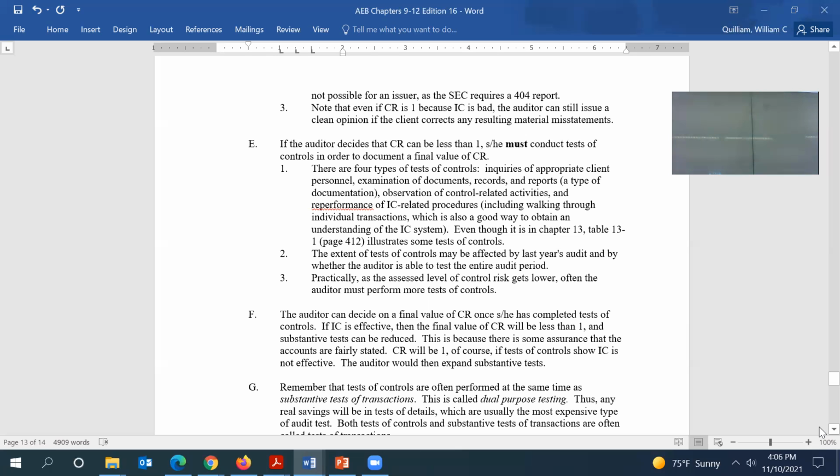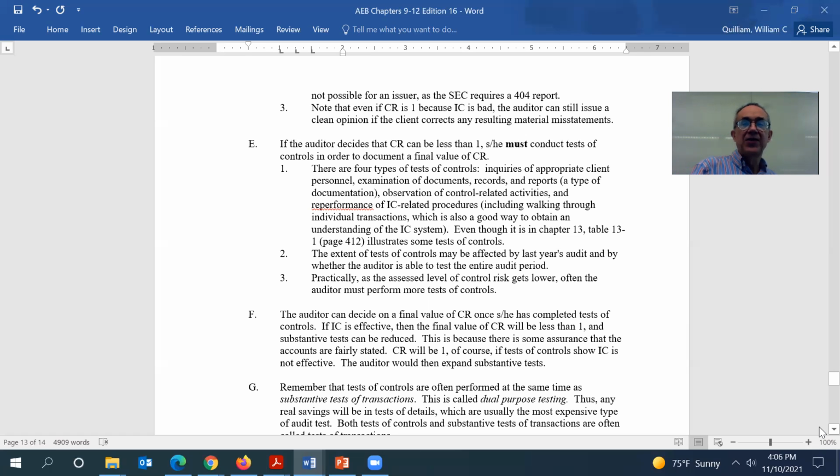So this preliminary value of control risk, we think is less than 100%. We've got to prove why. And then we'll arrive at a final value of control risk. Here's how we prove why. We will conduct test controls. So we'll conduct tests to make sure internal control is working along the way.